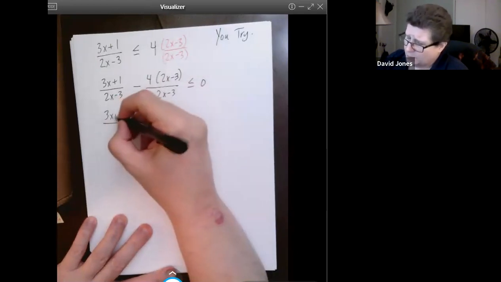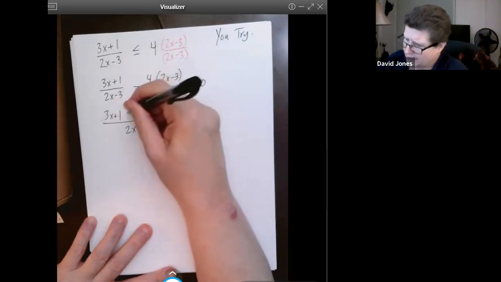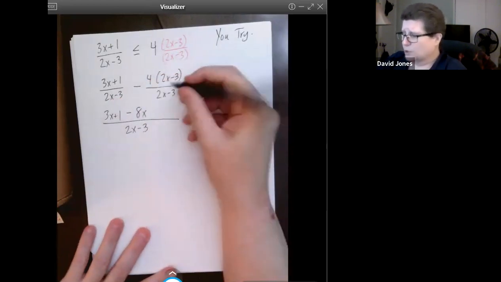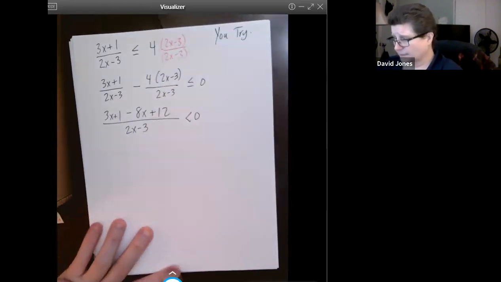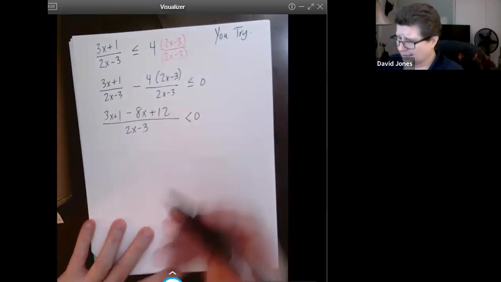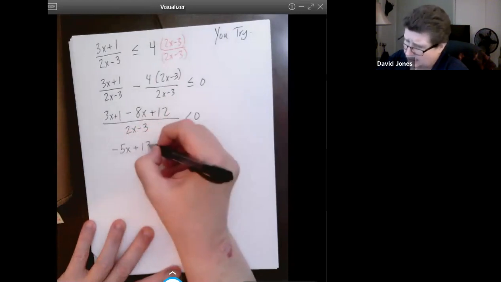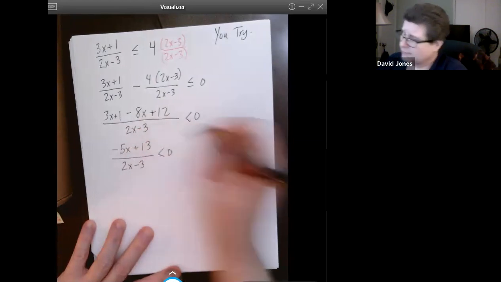I've got 3x plus 1. I'm going to distribute. Negative 4 times 2x is negative 8x, and negative 4 times negative 3 is plus 12. Combining like terms on top, I've got negative 5x plus 13 over 2x minus 3 is less than or equal to 0.